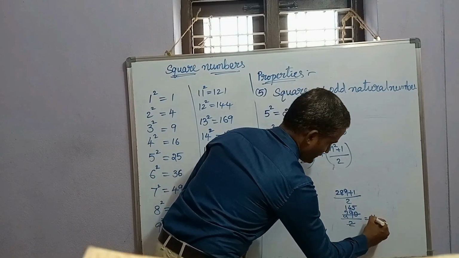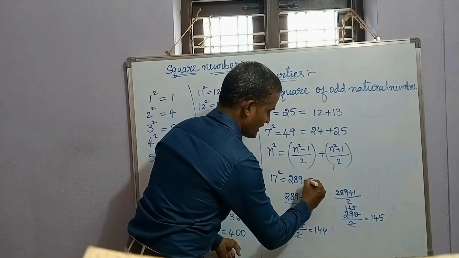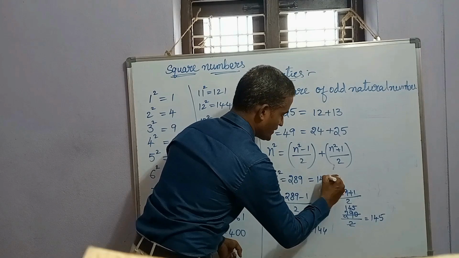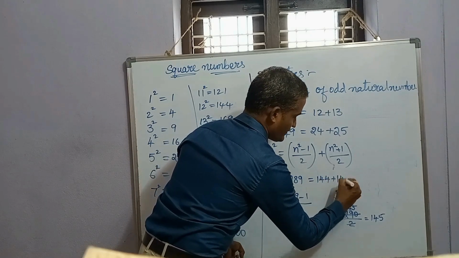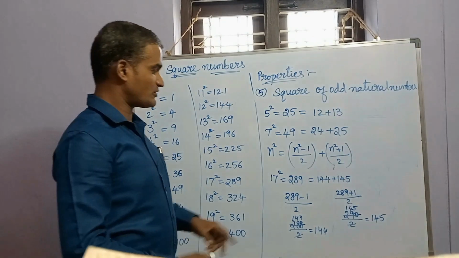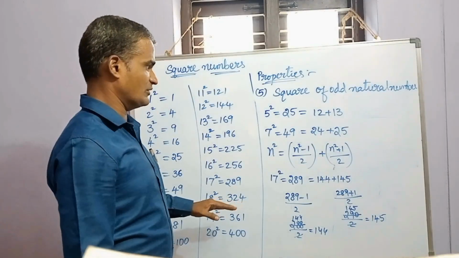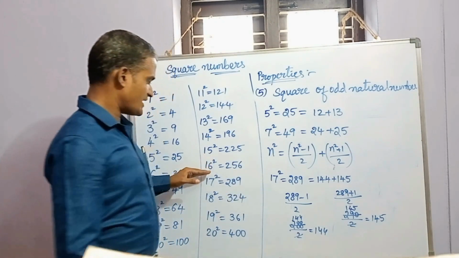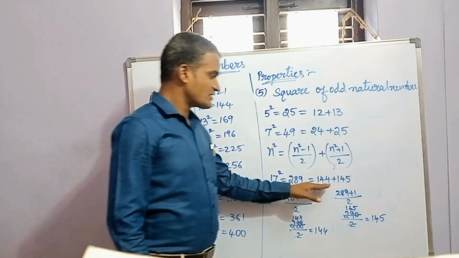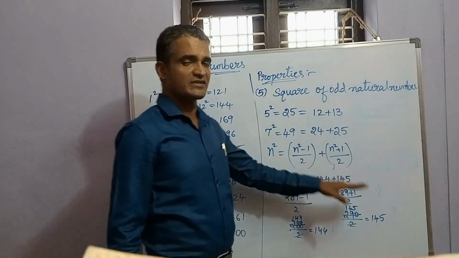It means 145. So you can write 289 as the sum of 144 and 145. Two numbers total it can be written. That too, only the square of an odd natural number, not an even natural number. Okay, the square of an odd natural number can be written as a sum of two consecutive natural numbers.